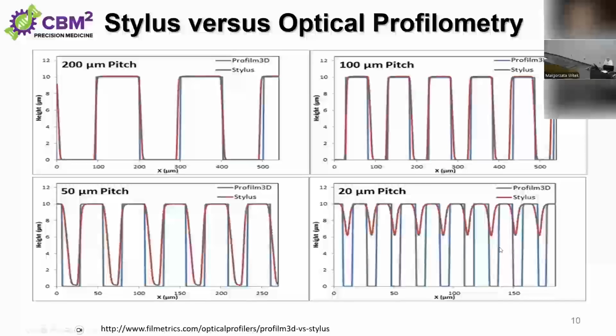Okay, but what about optical imaging or optical metrology? What is its resolution? What is its limit? That's determined by the wavelength of light that you're using in the microscope. In this microscope, it's using a 405 nanometer violet laser.